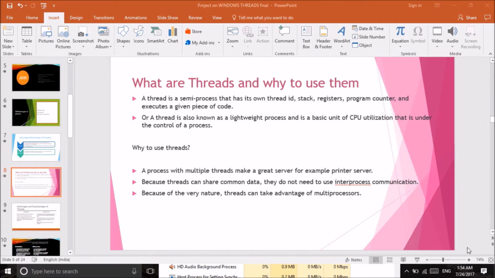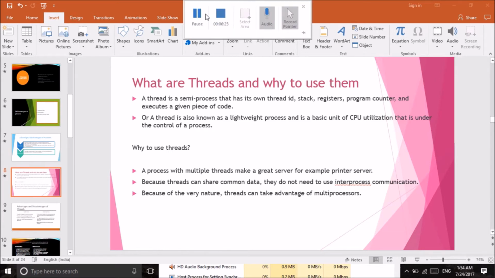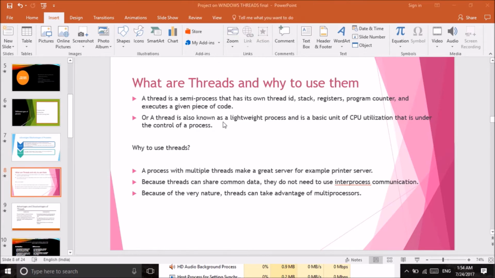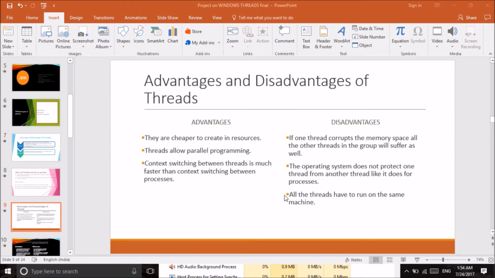Threads are dependent on one another. We can say this by the parent and child relationship. Because of their very nature, threads can take advantage of multiprocessors. Advantages and disadvantages of threads.